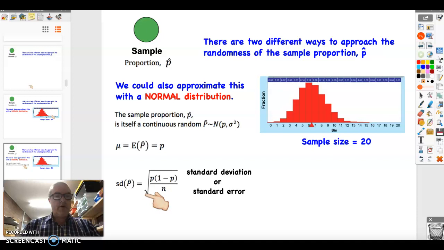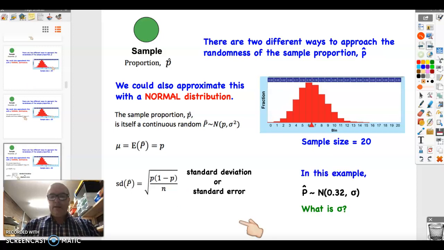So the square root of p times 1 minus p, which is sort of what we mean by q, divided by n, which is the size of the sample. And so in this particular example, we would say that p hat could be normally distributed with a mean of 0.32 and a certain standard deviation.